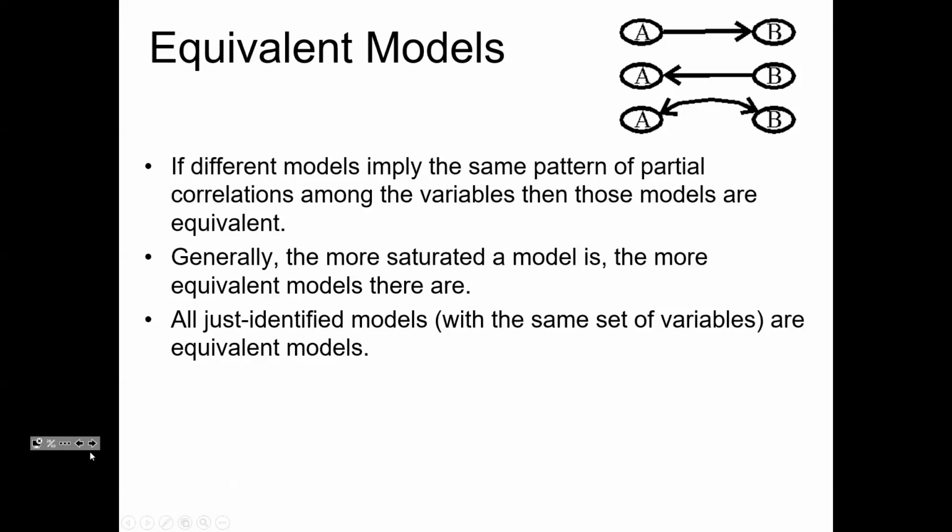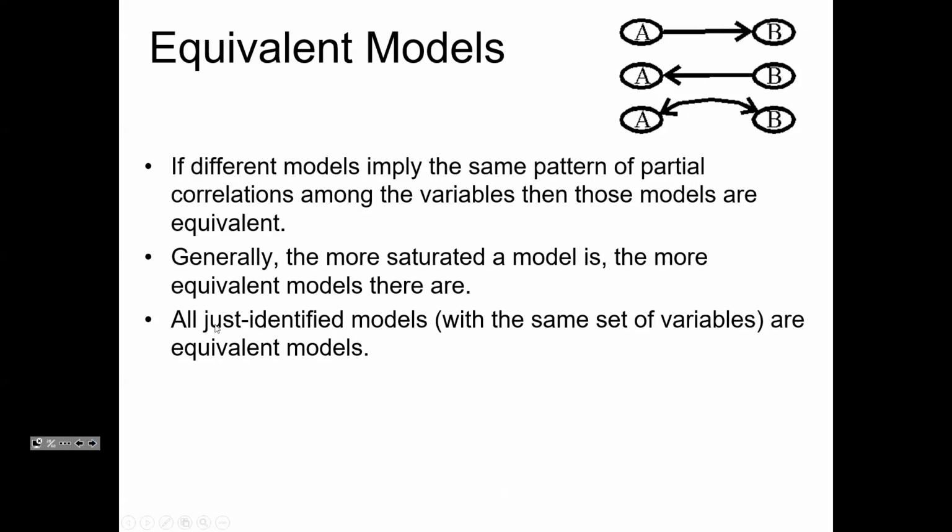All just identified models with the same set of variables are equivalent models. But think about how many different ways you can draw a just identified model, right? I could have all the paths going this way, or this way. There are lots of things you can do to create just identified models, even recursive just identified models. And those are all equivalent models.